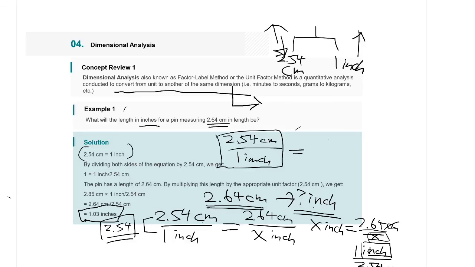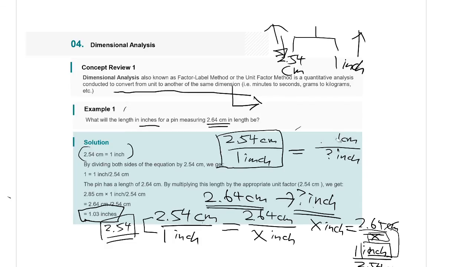Then we represent the number that we want to convert also as a fraction. For this case, 2.64 centimeters, and we don't know how many inches. Then we solve the equation, look at the units, and make sure they have the same unit on the left and the right, and then we will have our unit conversion done correctly.